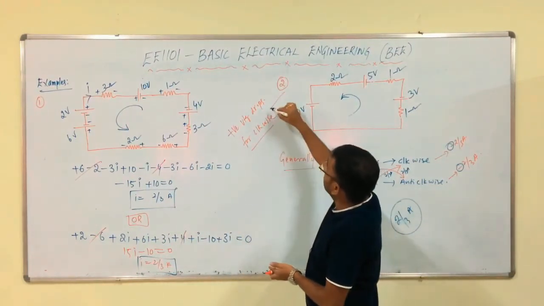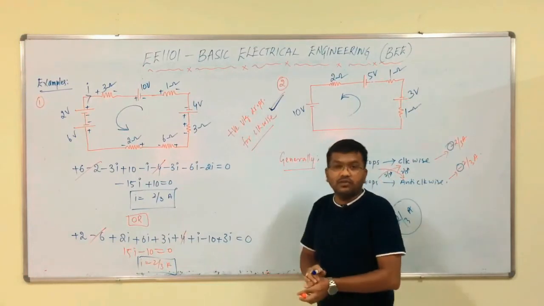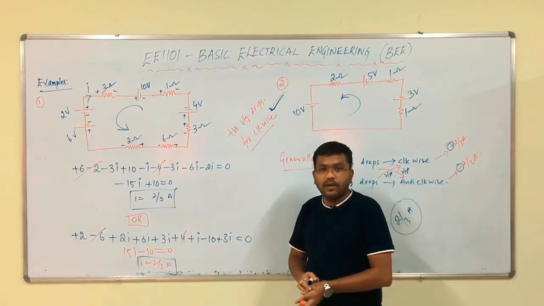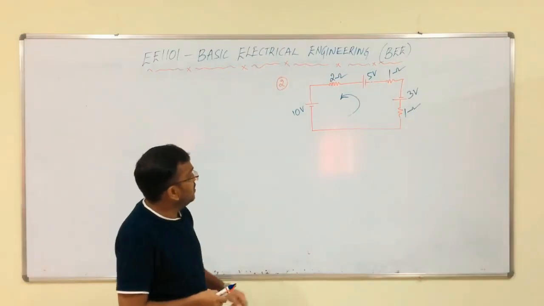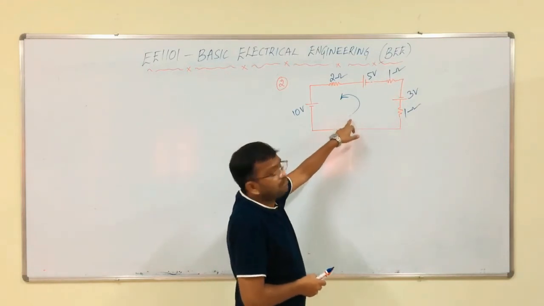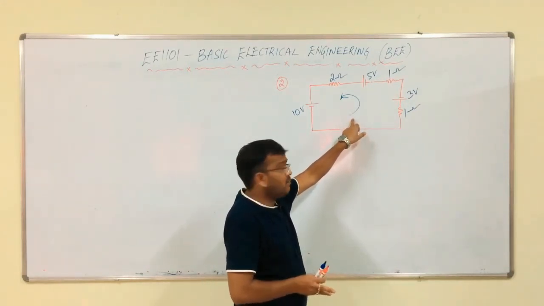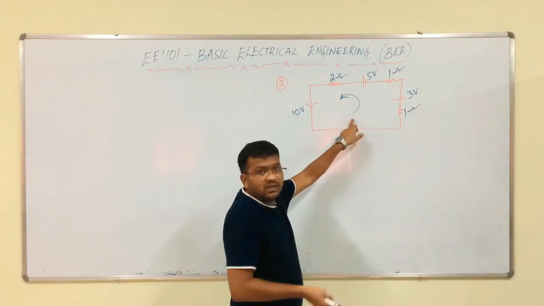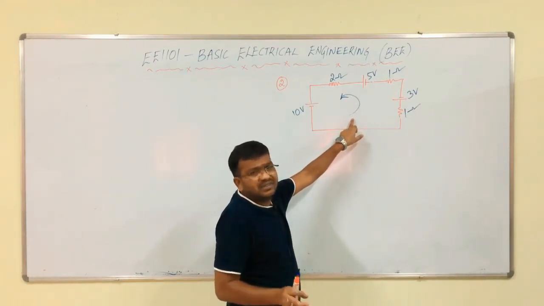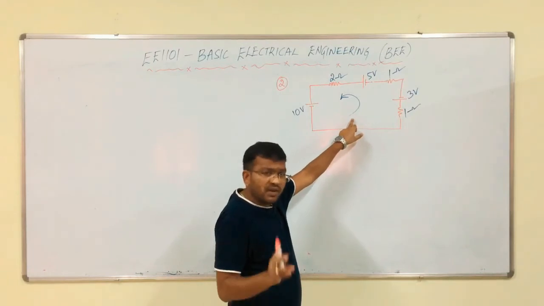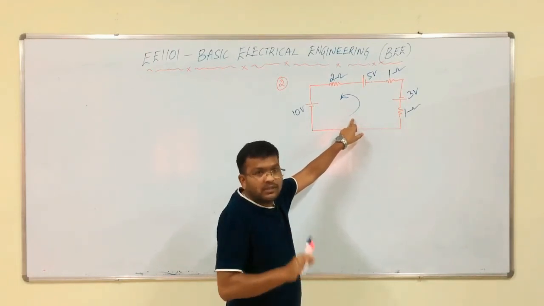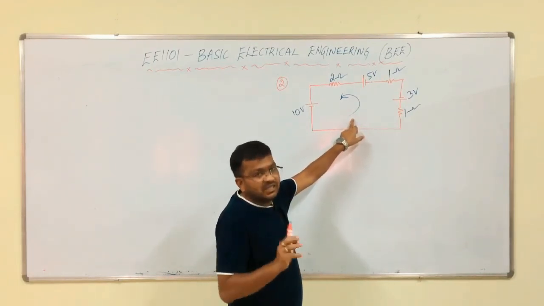Go with this without any confusion. If the examiner mentions a particular direction, such as anti-clockwise, then for anti-clockwise direction we consider negative voltage drops, simple. There is no problem in considering positive voltage drops also; we just get a sign change.